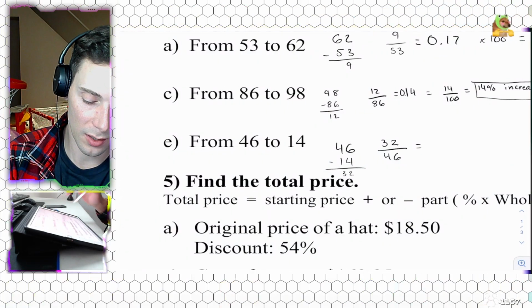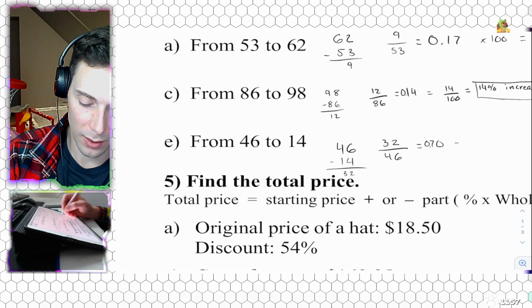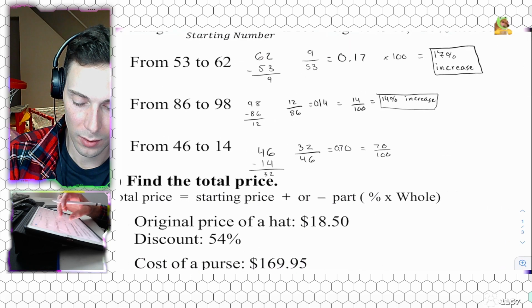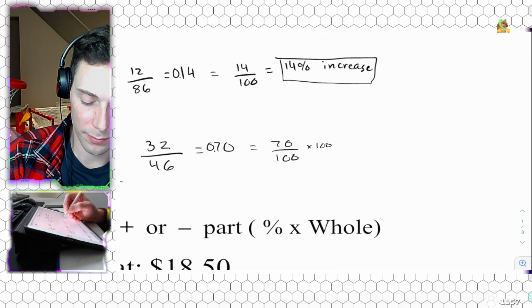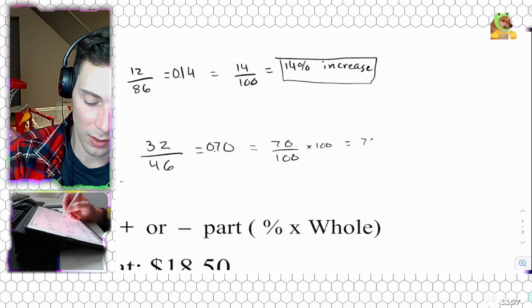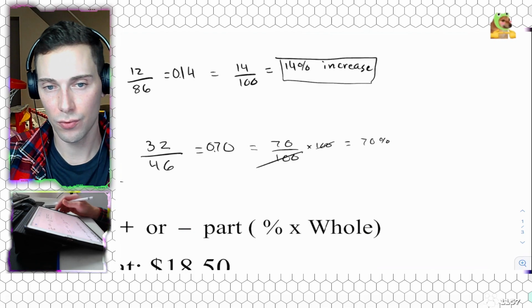Let's say 0.70, which is the same as 70 over 100. You can multiply by 100, and that's equal to 70%.